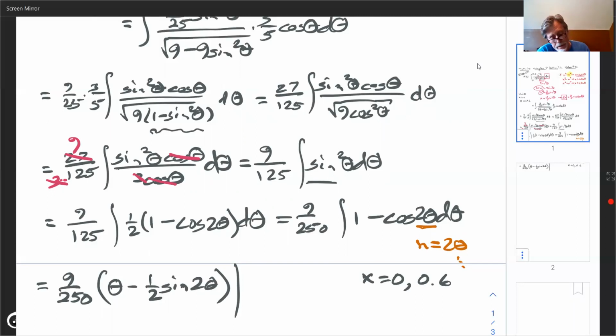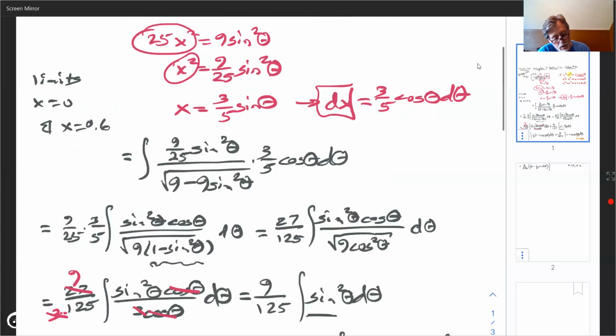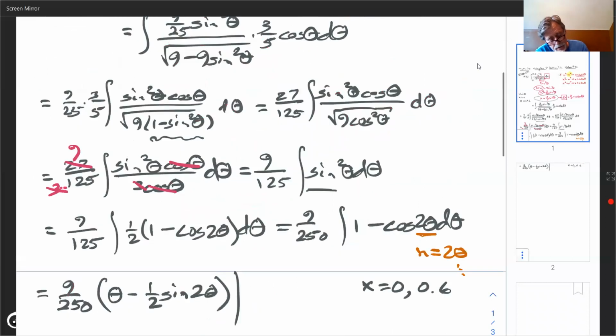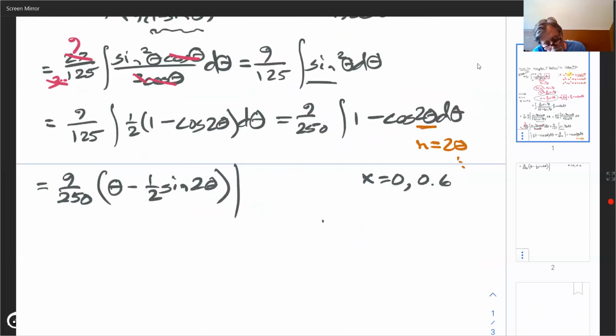There's a problem though. Okay, let's go all the way back up to one of these. Here, I'll choose this one. This is the connection: x equals 3/5 sine theta. That's the connection between x and theta. So let's write that down here. So we know that x is equal to 3/5 sine theta.